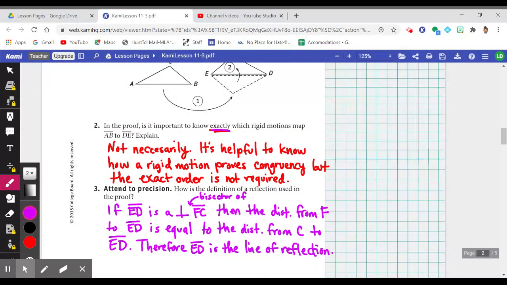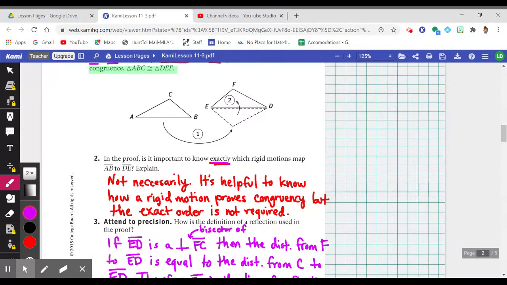And then 3 really just emphasizes how a perpendicular bisector coincides with this idea of reflection. And we study this a little bit more using GeoGebra and how it really is a perpendicular bisector. So if line segment ED is a perpendicular bisector of FC, then the distance from F to ED is equal to the distance from C to ED.